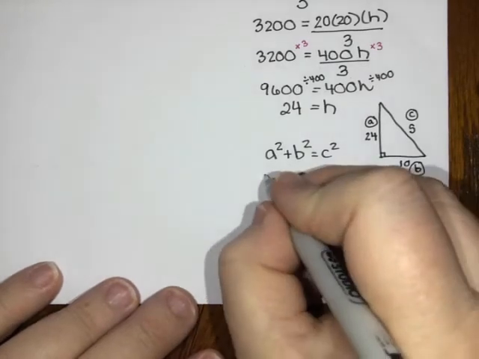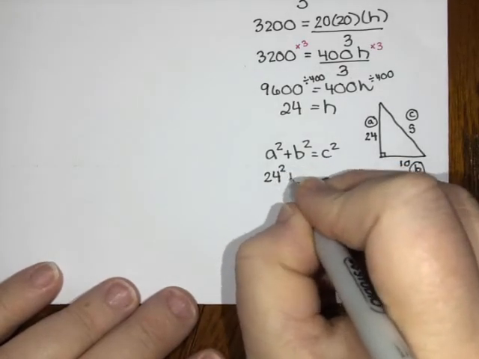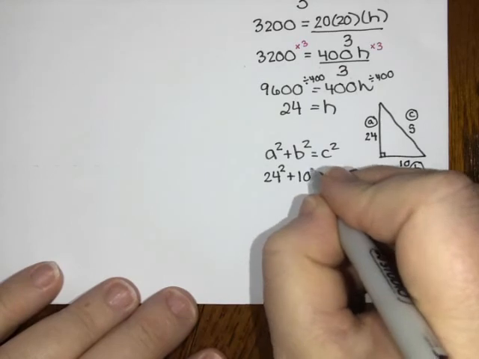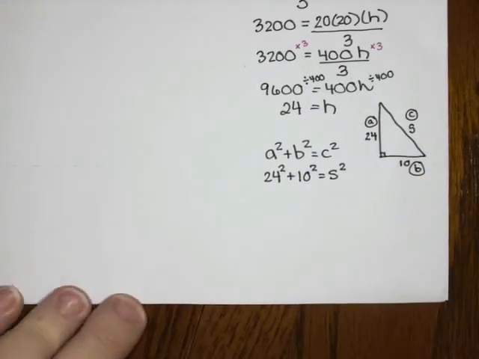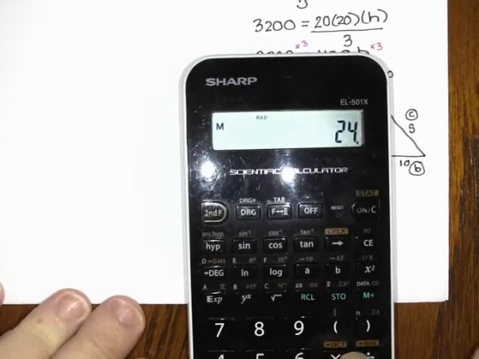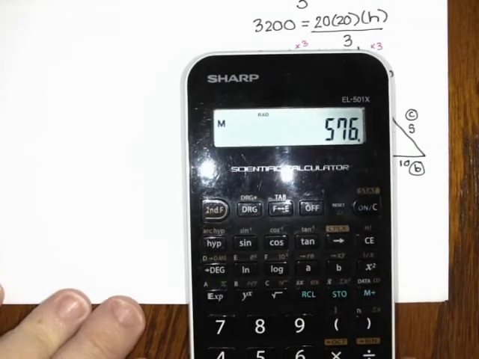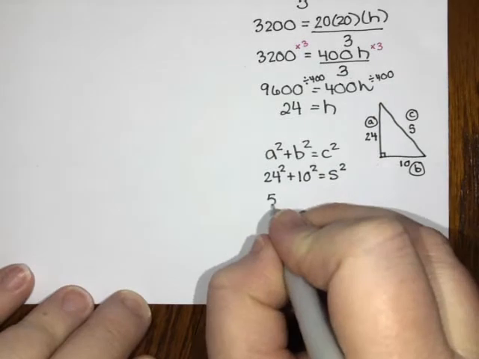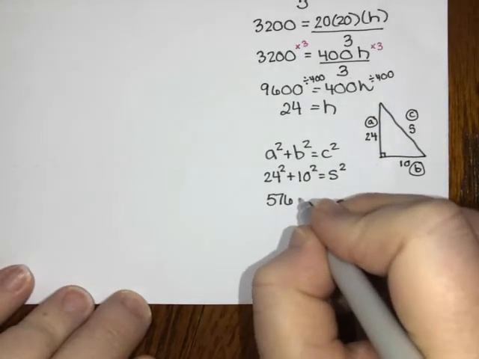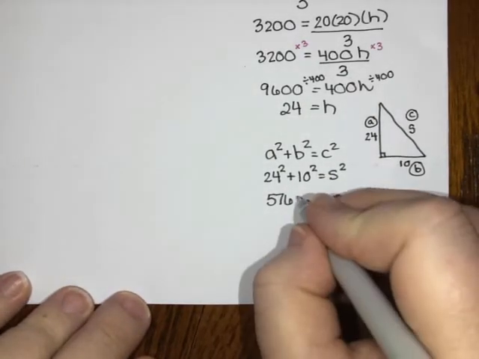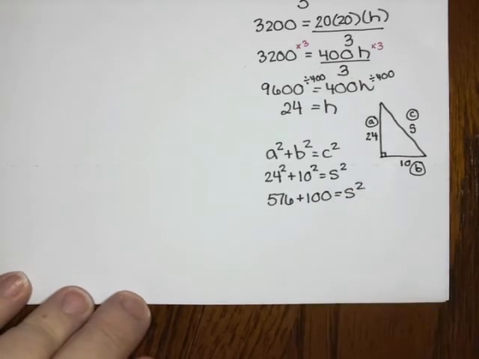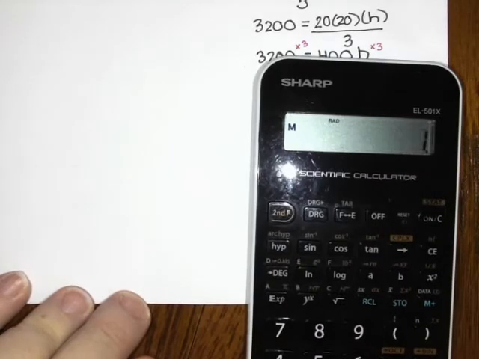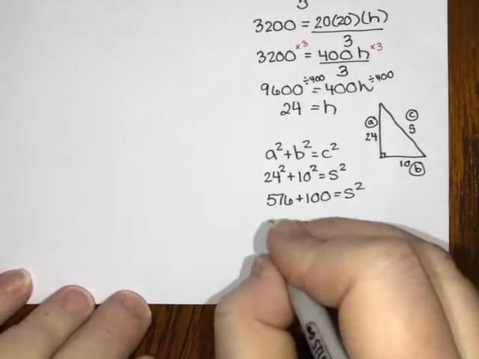So I'm going to have 24 squared plus 10 squared equals my slant squared. 24 squared, so 24 times 24 is 576. 10 squared is 100. I'm going to add that to 576, which should give me 676.